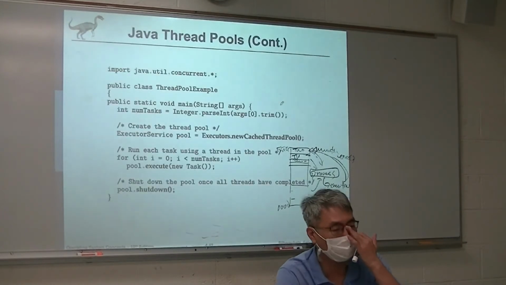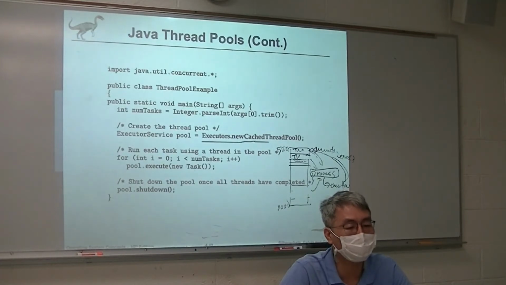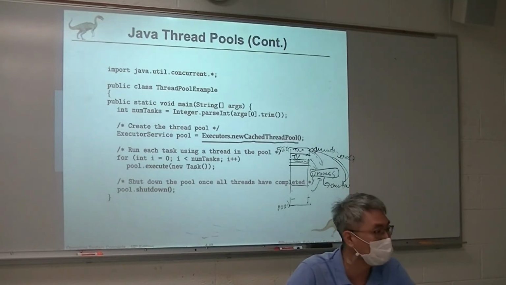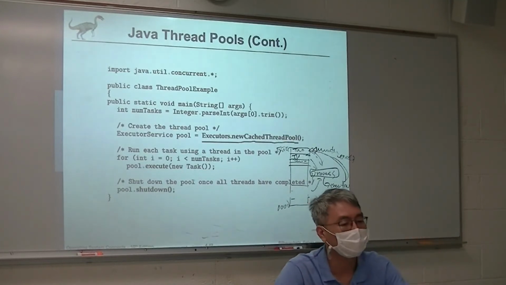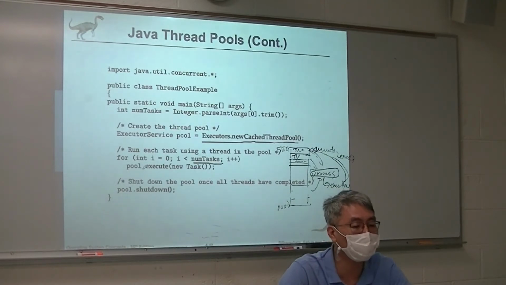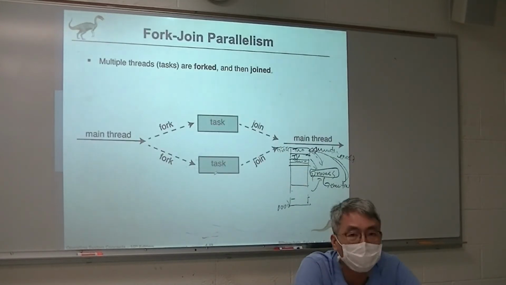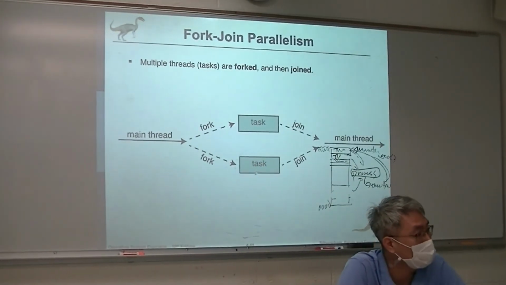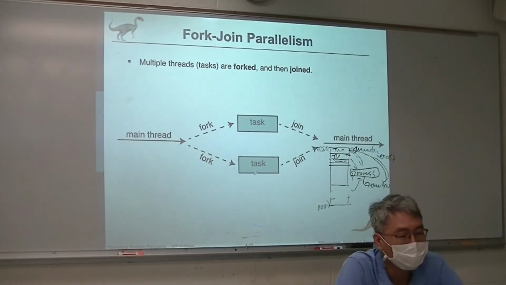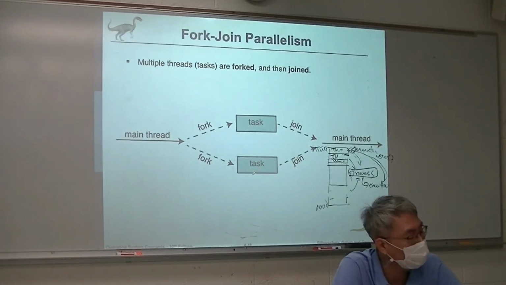This is an example of using the Java thread pool. For example, here a new cached thread pool is created, instantiated. It's a memory allocation. Then, for how many tasks, say 10, then 10 threads will be created. After done, then the shutdown. Okay, that's one way to use the thread pool, in place of creating threads. The next one is fork join parallelism.